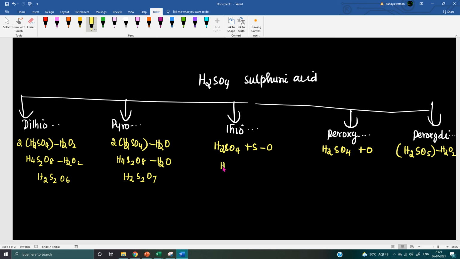Here it is H2S2O3. Here H2SO5, and here 2 into H2SO5. So it becomes H4S2O10 minus H2O2. So H2S2O8.